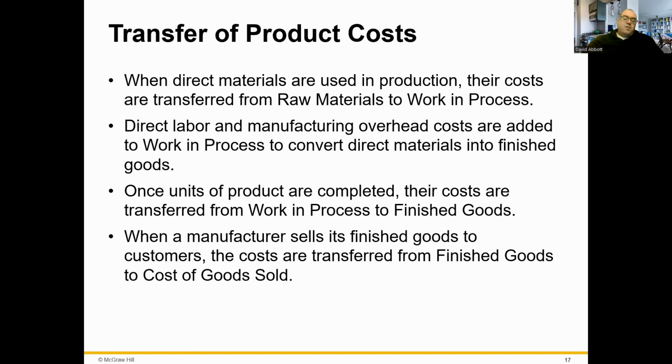Now, once units of product are completed, their costs get transferred from work in progress to finished goods. And then when a manufacturer sells its finished goods to a customer, the cost gets transferred from our finished goods inventory into our cost of goods sold to recognize it.